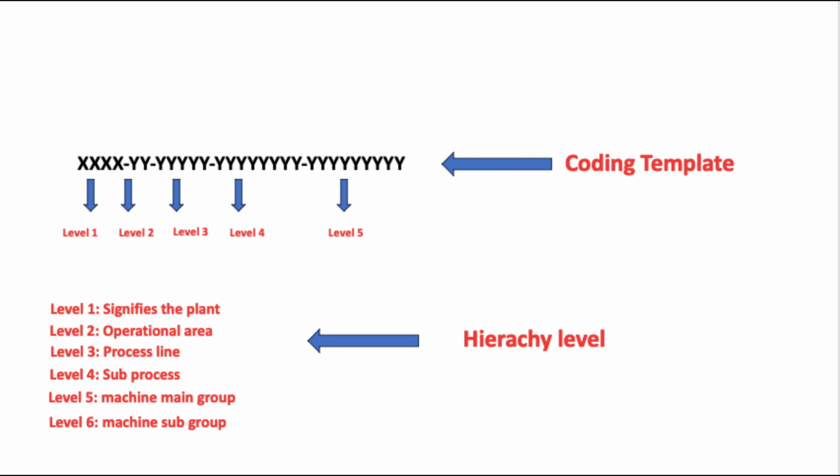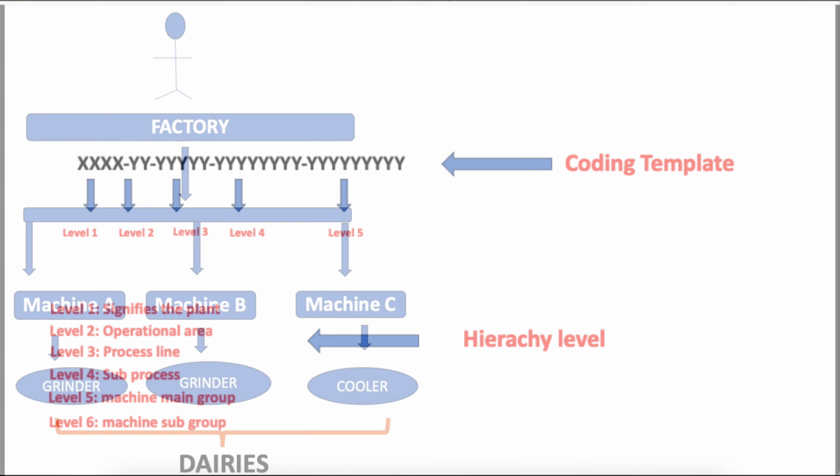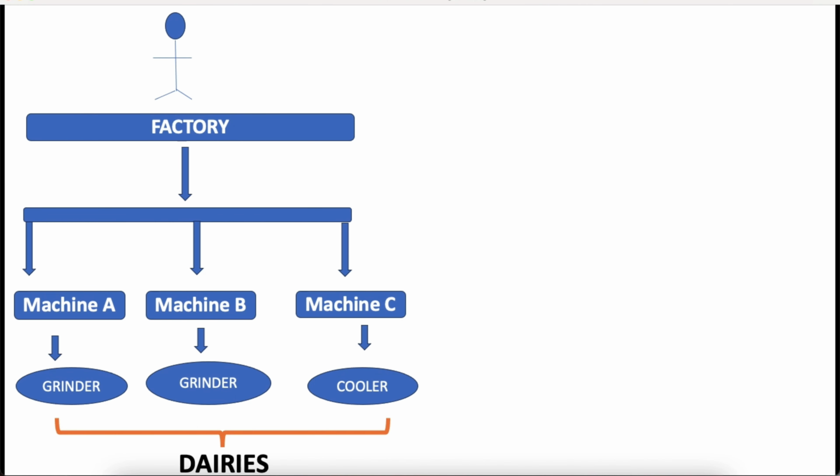I am going to explain what these terms that I have described mean using a very simple example. So stay tuned. In my example, Mr. Ben runs a factory. Mr. Ben has a factory, and let's assume that he runs a dairy factory. Okay, he produces dairies.